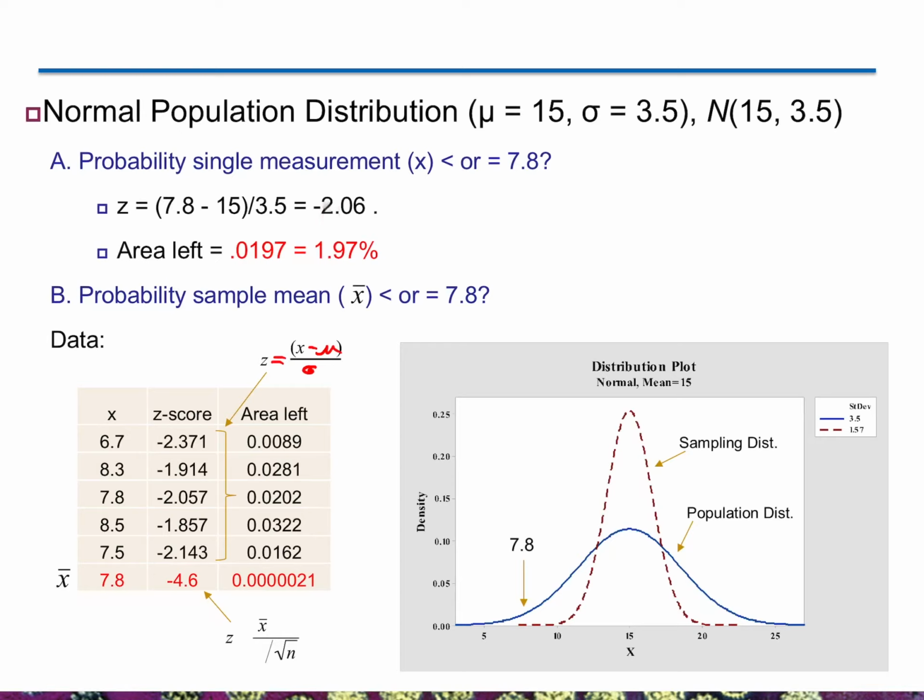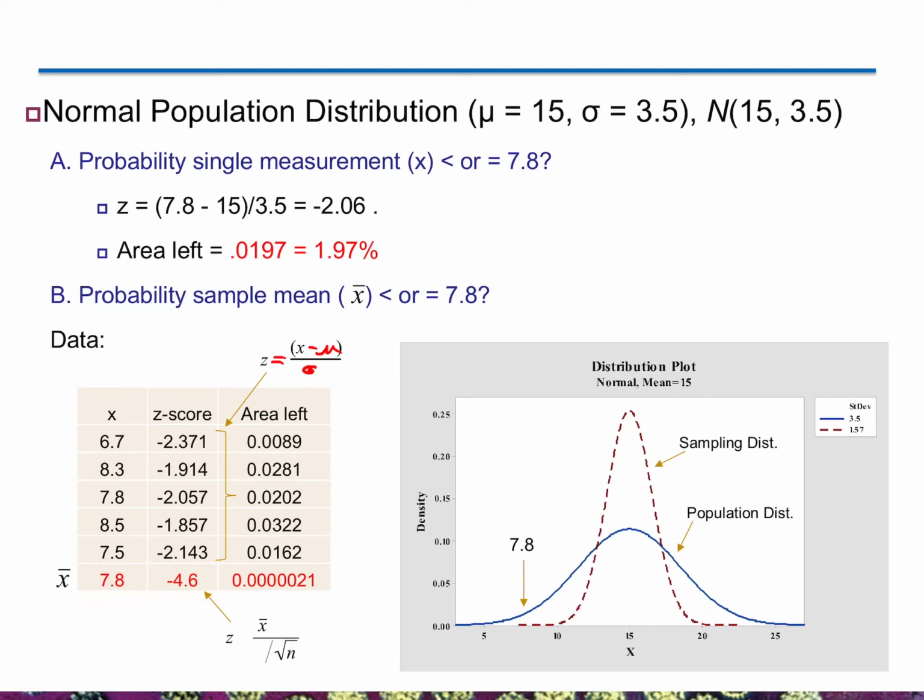Now, what about a sample mean of 7.8? What's the probability of a sample mean of 7.8 or less? Let's figure that out. Say we have these 5 measurements here, and you see their individual z-scores. But what if we average these as a sample and get a mean of 7.8?